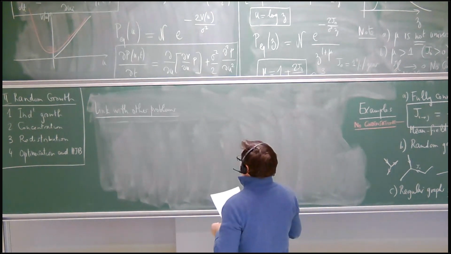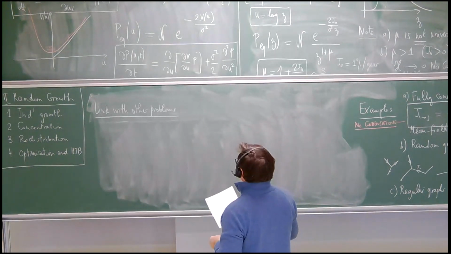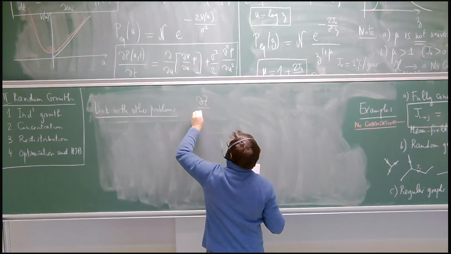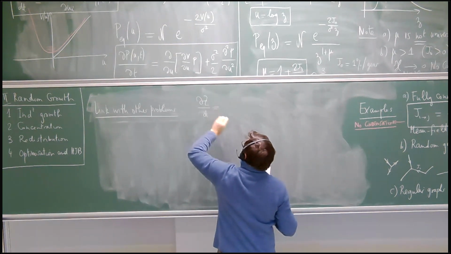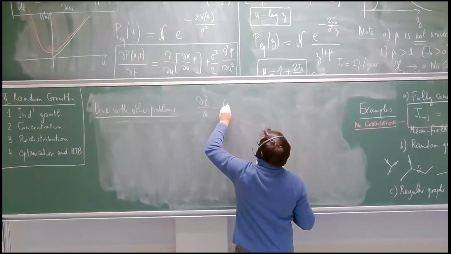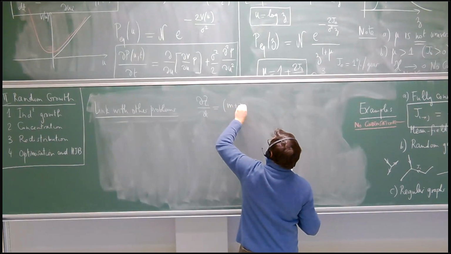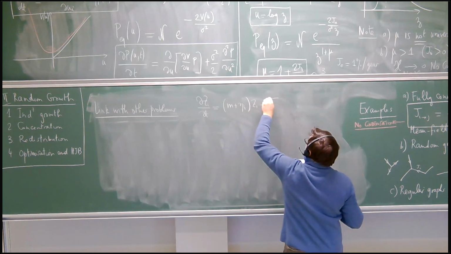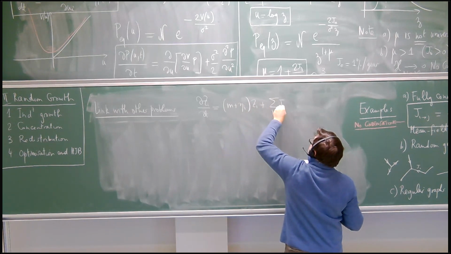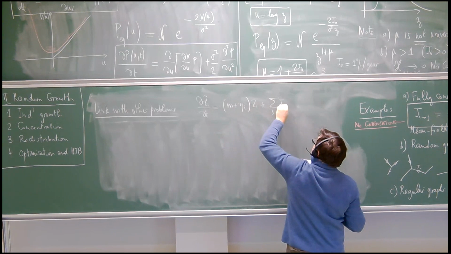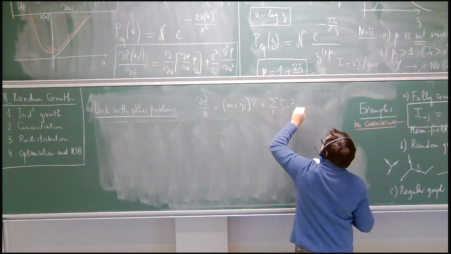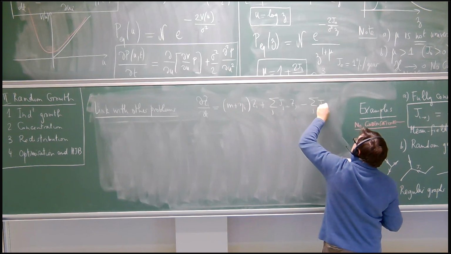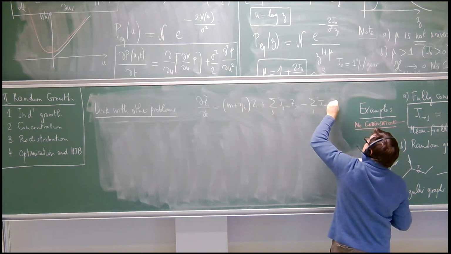So let's look again at the equation I wrote. dz_i/dt equals a random term, (m plus eta_i) z_i, plus the sum over j of J_ji z_j, minus the sum over j of J_ij z_i.